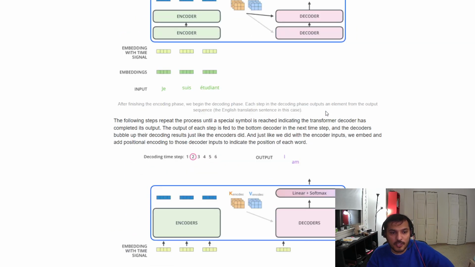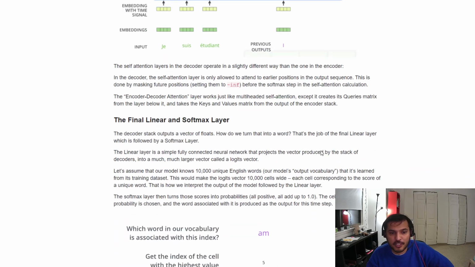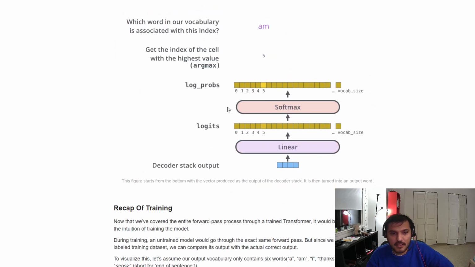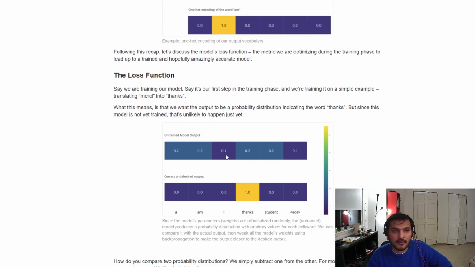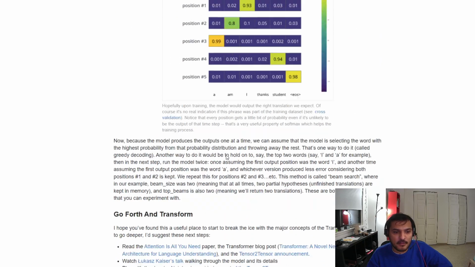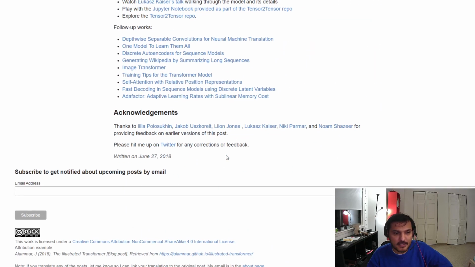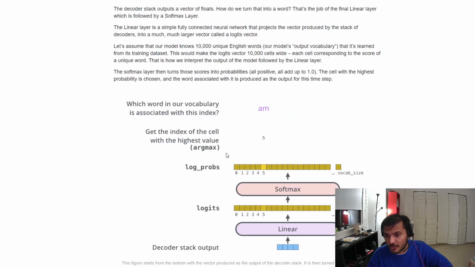Right, so that's pretty much it. Two more things: the final output layer, and how the loss is computed, and then the position encoding.